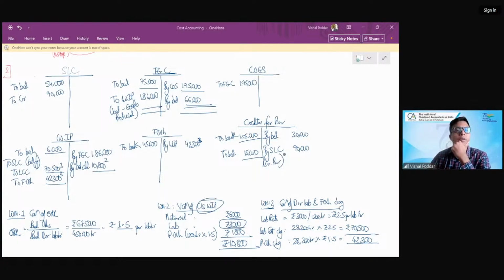Manivanan says 70. So this balance is 70, you are saying? 78. 78. Okay. Tejaswin has confirmed and even Manivanan has confirmed. So this is 78. So I get this. That is the material used in production.